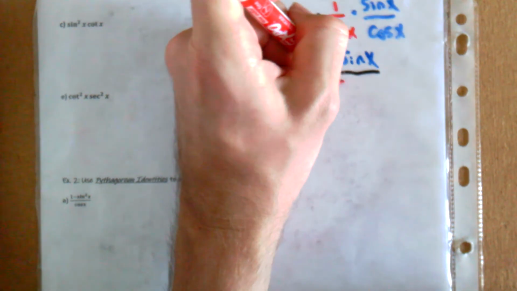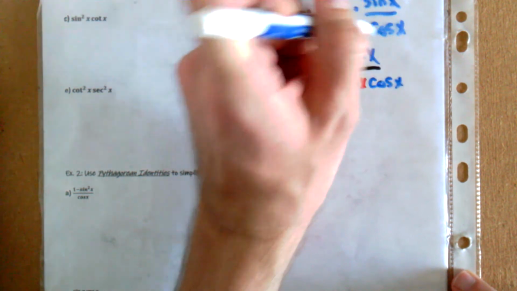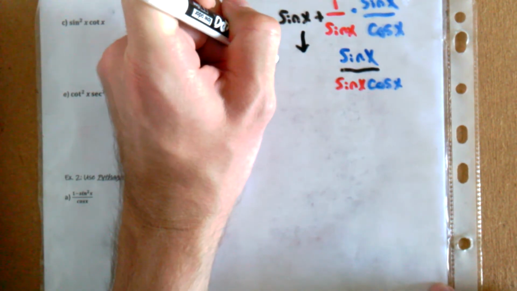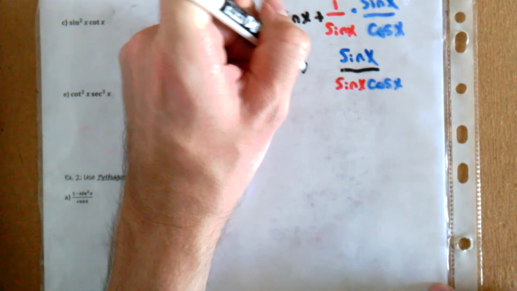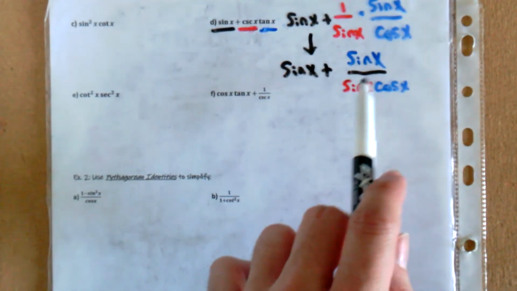That's just going to give us sine times cosine on the bottom. I'll just bring down everything else. So now we have sine x plus the fraction sine over sine times cosine.